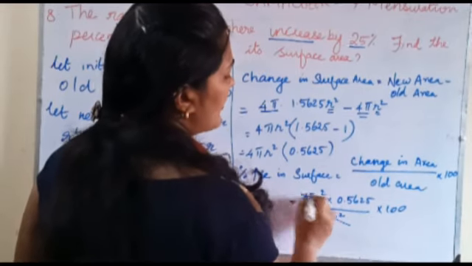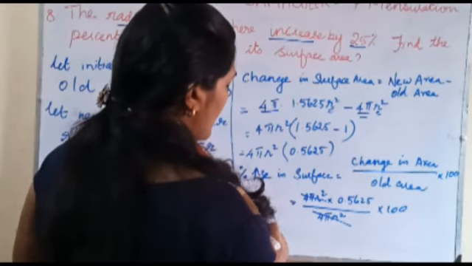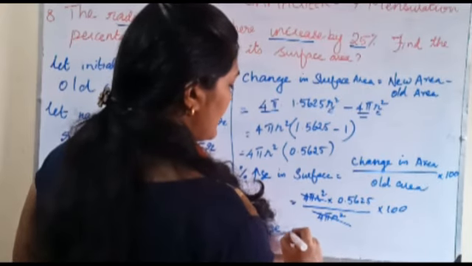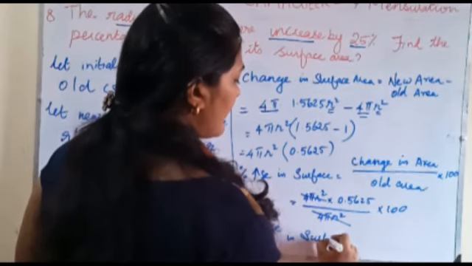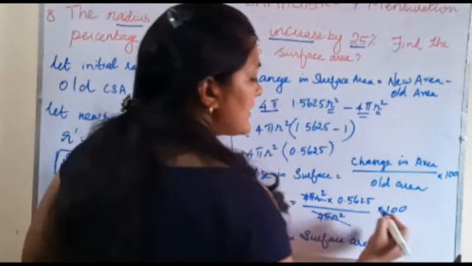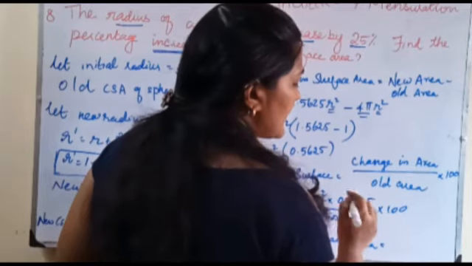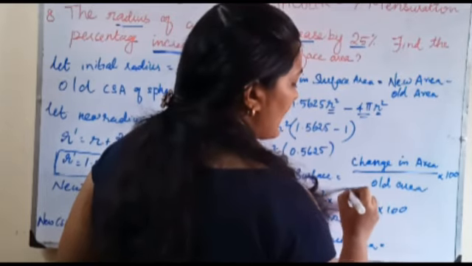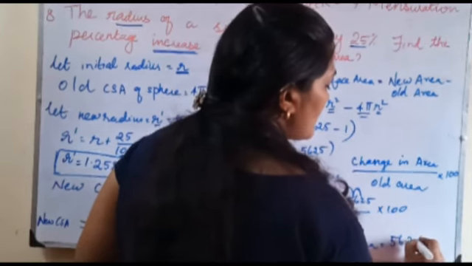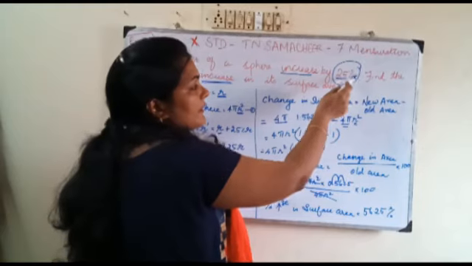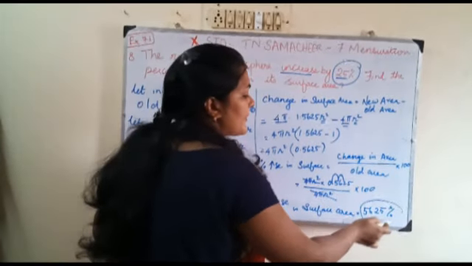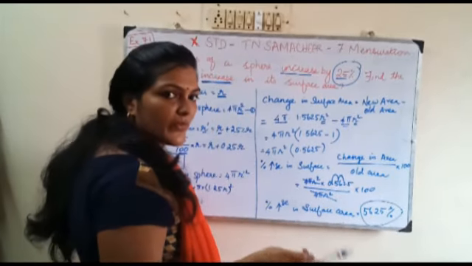So 4 pi r square will be cancelled. So the percentage increase in surface area is equal to, see, if you multiply with 100, the decimal point will move 2 digits to the right side, so 56.25%. For a 25% increase of radius, there is a 56.25% increase of surface area.